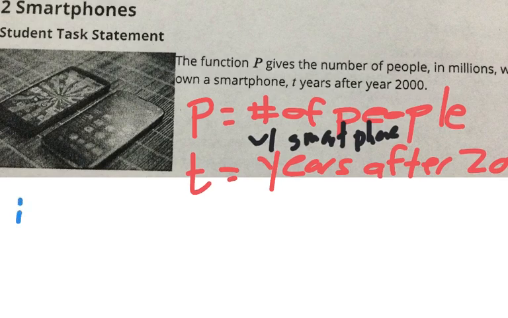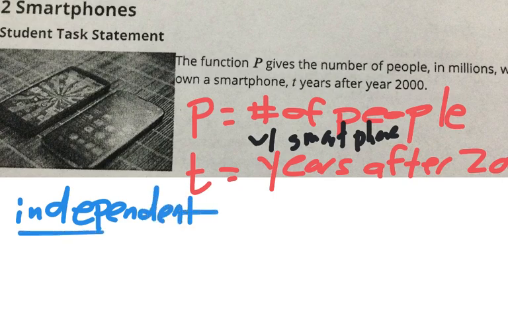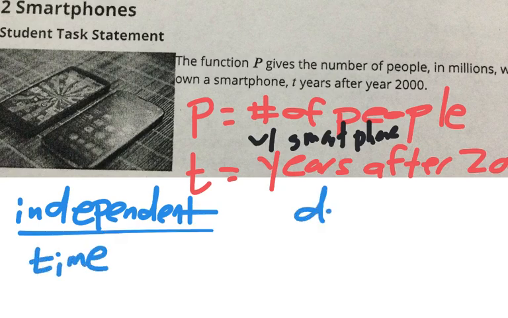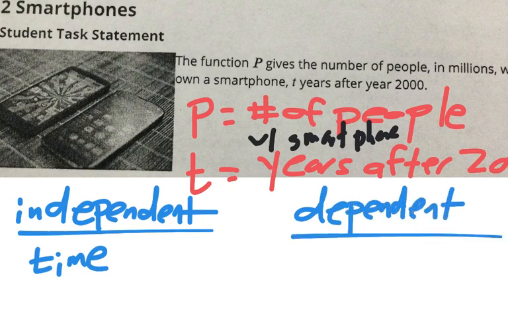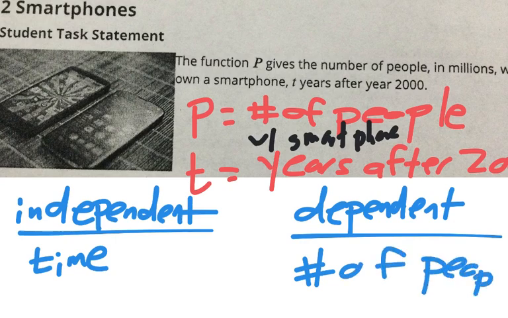And then we decided the independent variable was time. And the dependent variable was the number of people. The number of people who had a cell phone depends on how many years after 2000 it is.